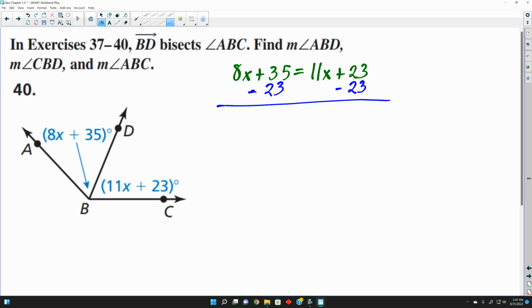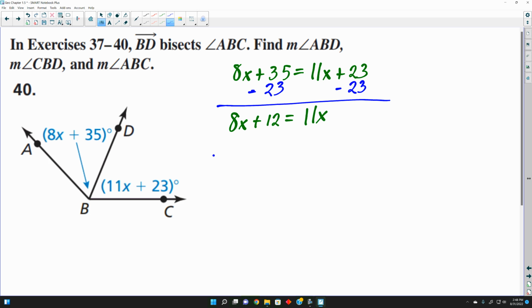Yes, because I could have subtracted 8x first, or we could have subtracted 11x first. It doesn't matter, because we'll eventually get to the same answer. Our main goal to start with is to get x on one side and the numbers on the other. Because if we subtract 23 first, we'll get 8x plus 12 is equal to 11x.